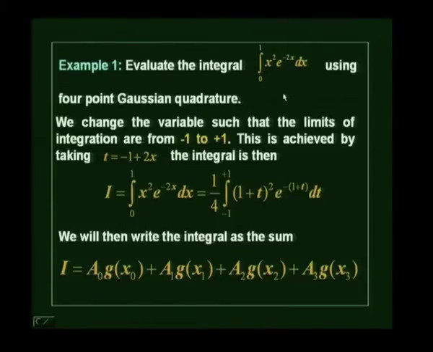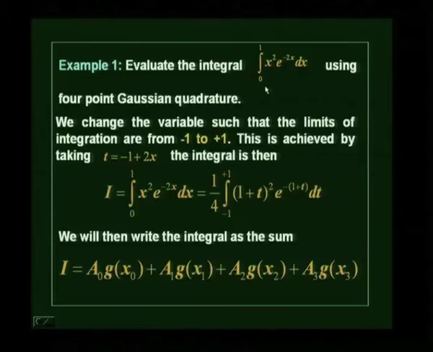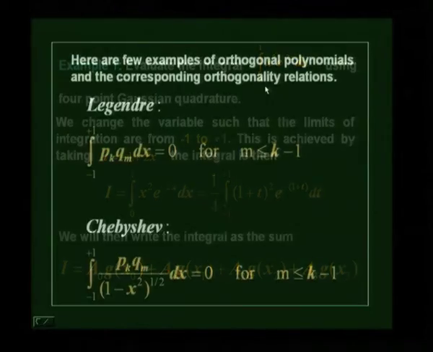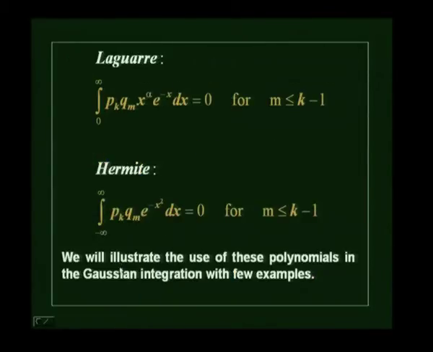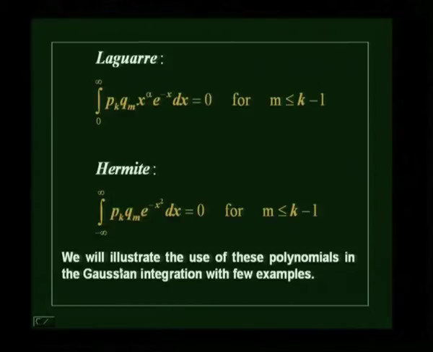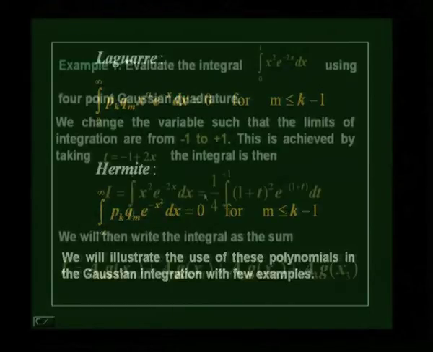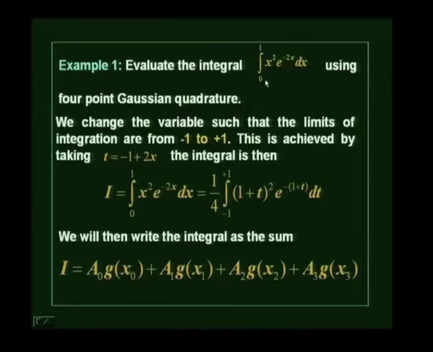We are going to use 4 tabulated points, x0 to x3. But the limits are 0 to 1, and all the 4 methods we have looked at so far have limits from minus 1 to plus 1, or 0 to infinity, minus infinity to plus infinity, etc. So, what we have to do is first convert the limits, we have to change the variables such that the limits go from minus 1 to plus 1. That is the first step to do.